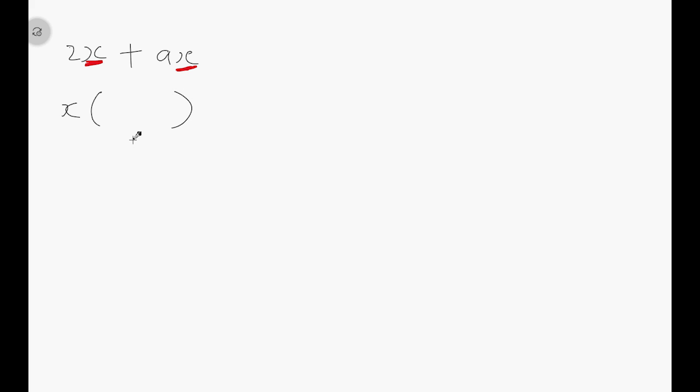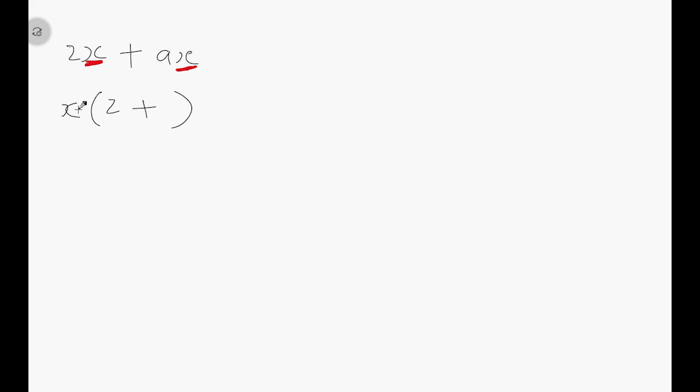Then the next step is you look and see what you multiply by x to get back 2x, and what you multiply by x to get the ax back right here. First you can see that you would multiply x by 2 to get 2x, so you just write down the 2, maintain your plus sign.